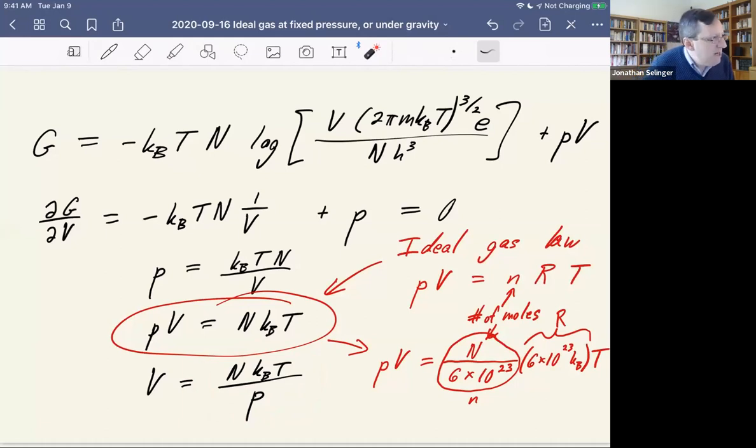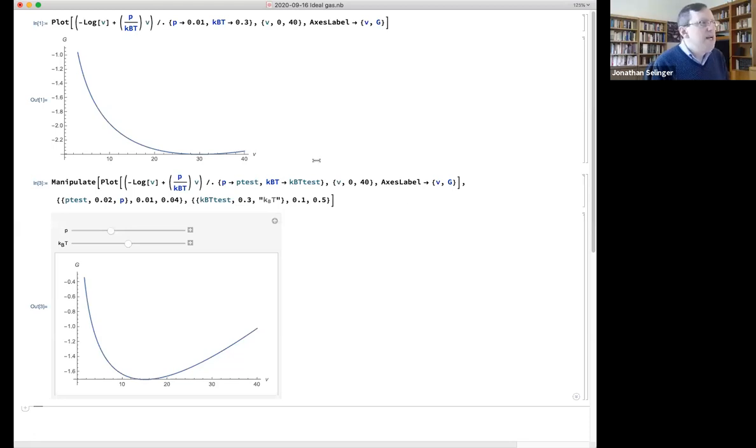Let's see, I have a plot of that in Mathematica. Let me just briefly switch from sharing the whiteboard to sharing Mathematica. Here is a plot to show you what I was just sketching by hand. In this plot, we have G versus volume.